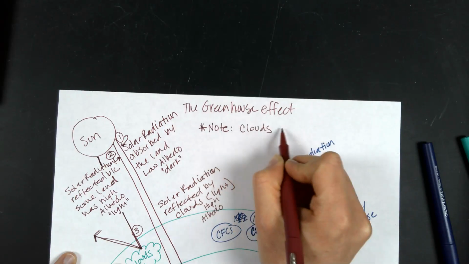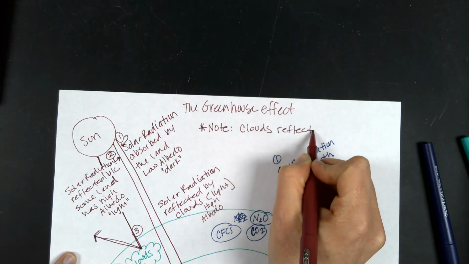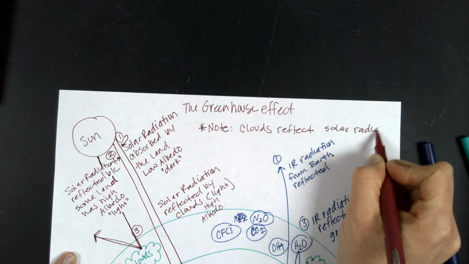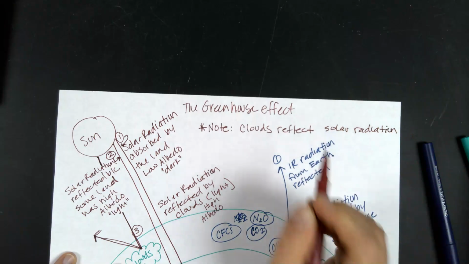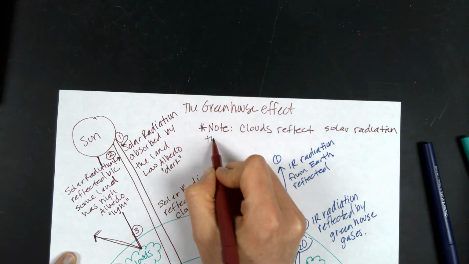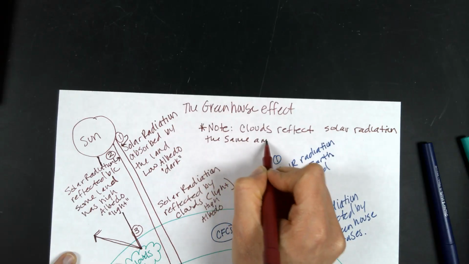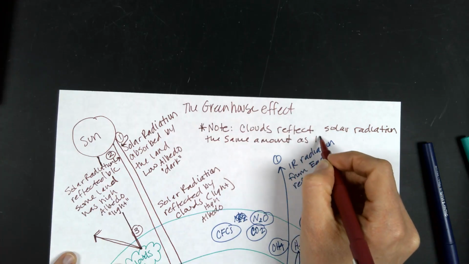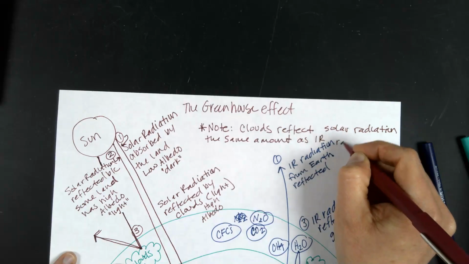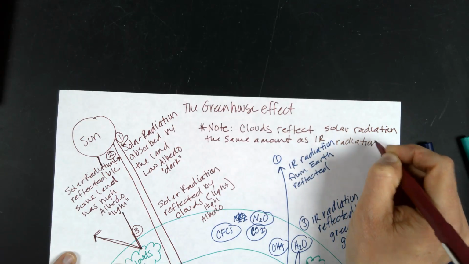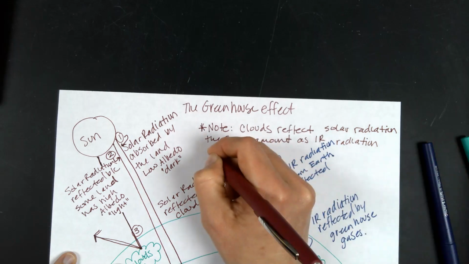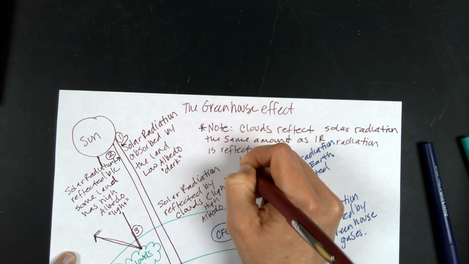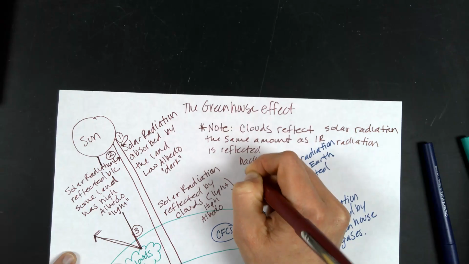Clouds reflect solar radiation the same amount as IR radiation is reflected back to Earth.